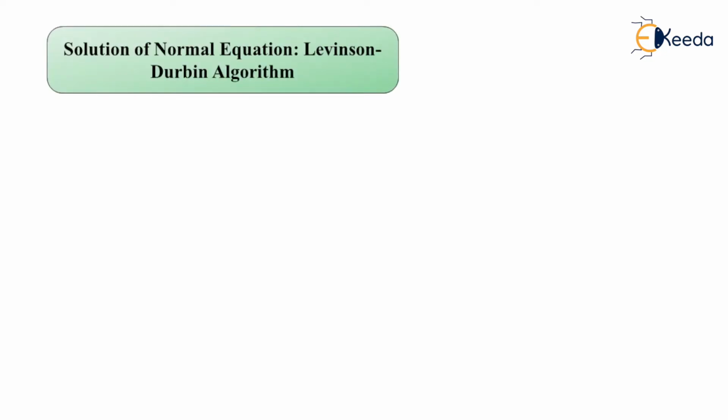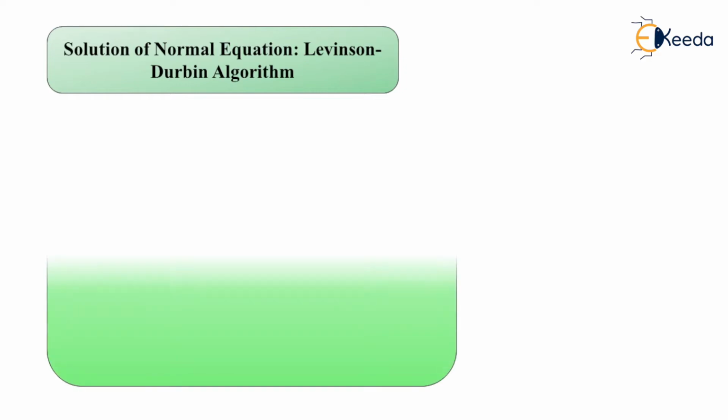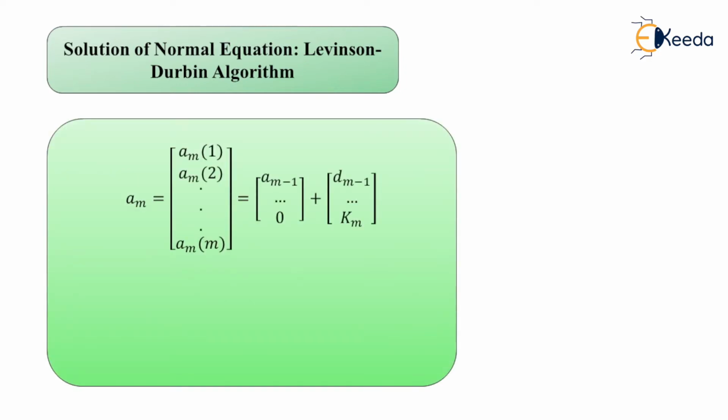So here we can write the coefficient vector a as the sum of two vectors. Mathematically we express it as small a suffix m equal to the column matrix. Here we have the first element am of 1, second element am of 2, and in this way the last element am of m. So here it is in the form of a sum of two vectors.